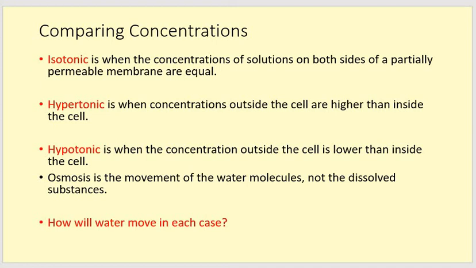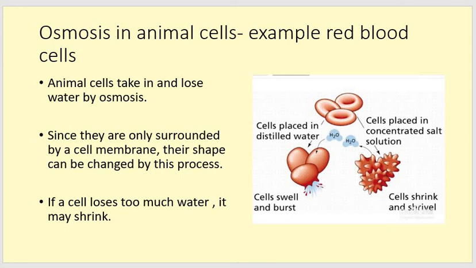So let's look at this in action in a real life context. And we're going to think about blood. Now, blood has several parts. It has the plasma, that is the fluid containing the white blood cells, the red blood cells, the platelets, and also the dissolved substances.